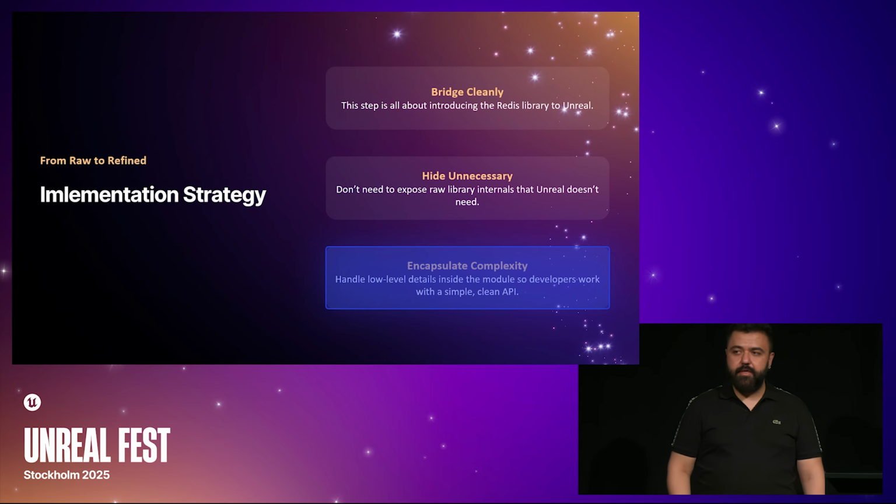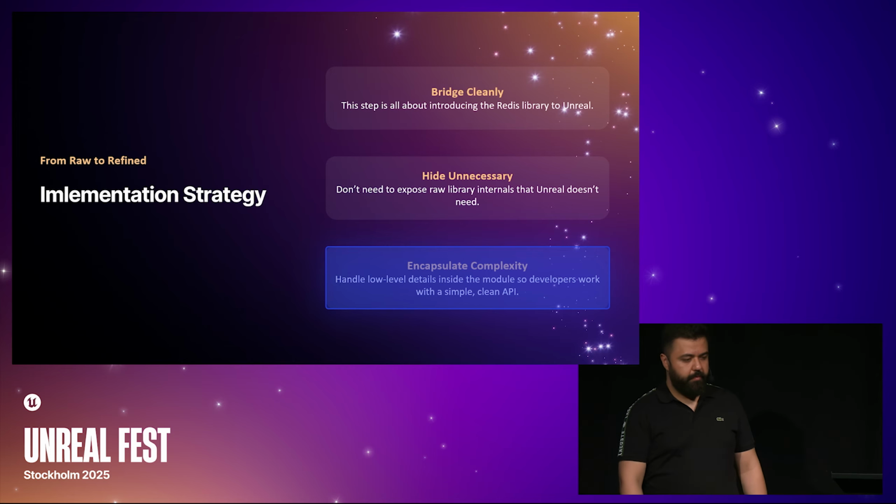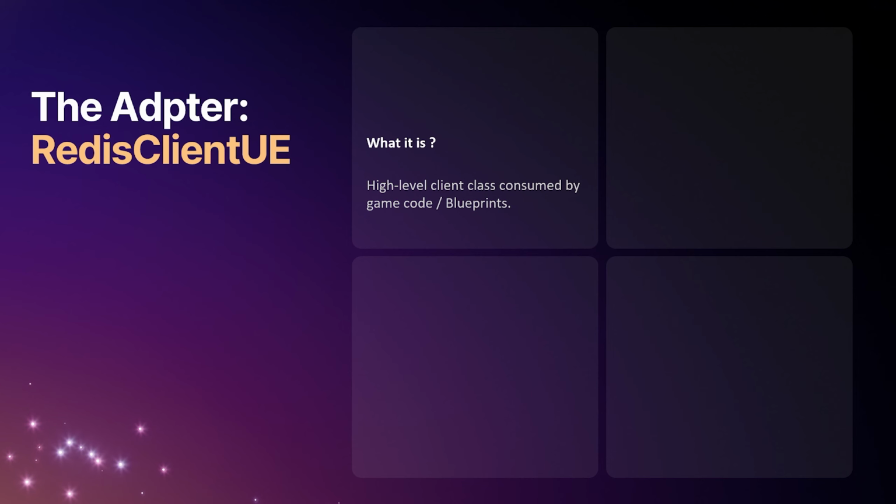And finally, let's talk about encapsulating the complexity. So basically what it is, it's an adapter layer between Hiredis internals and Unreal Engine. What it does, it simplifies sending, receiving, publishing, and any other native functionalities inside it.